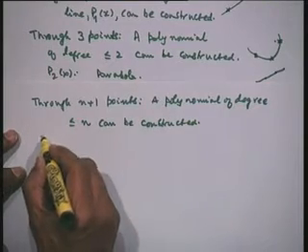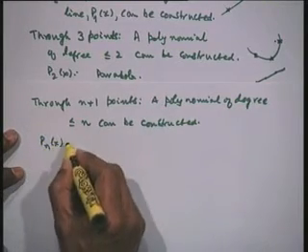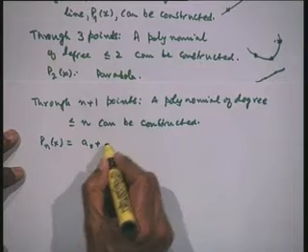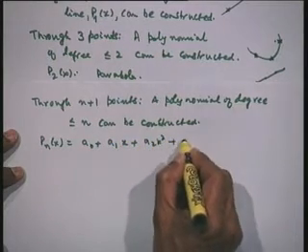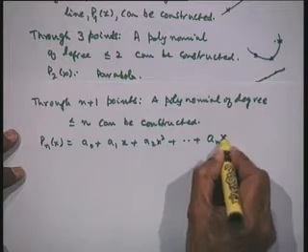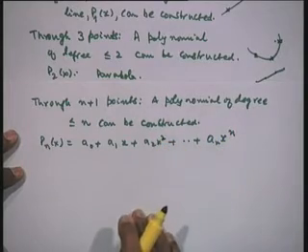Let us suppose P_n(x) is the polynomial of degree n, which is given by a_0 + a_1 x + a_2 x^2 + and so on up to a_n x^n. Let us suppose this is our polynomial.